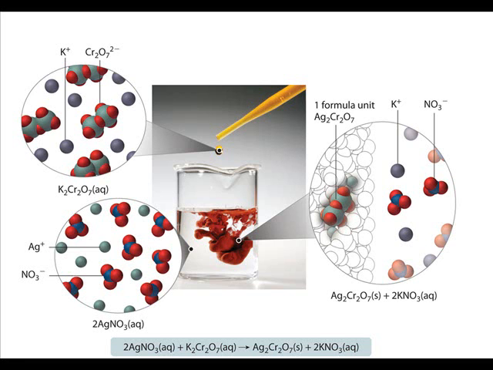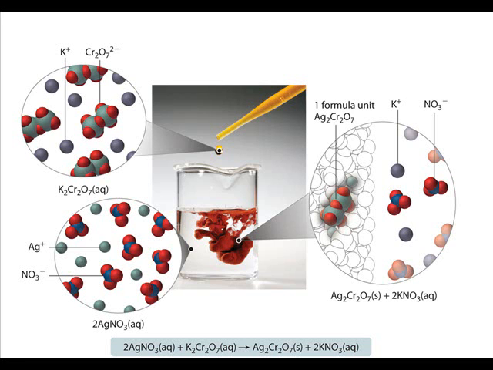Now, for a variety of actually complicated reasons, that attraction is really strong. It's powerful. So powerful, it overcomes the effect of the water, and they bind tightly together to make a solid. And a whole bunch of those glom together to make these red granular solids.